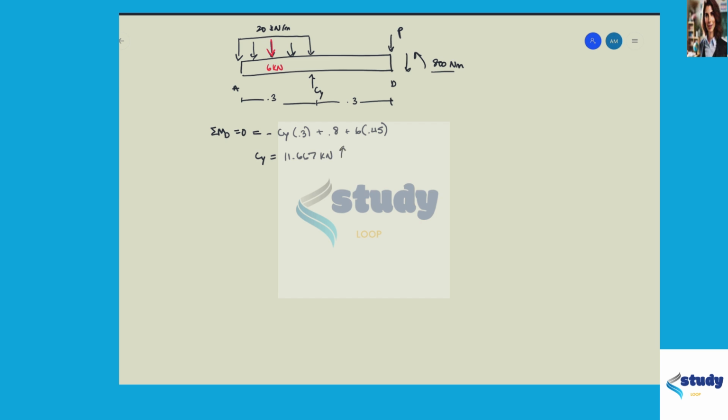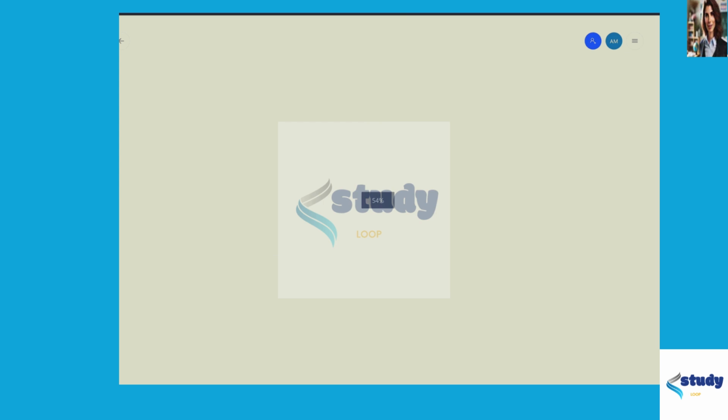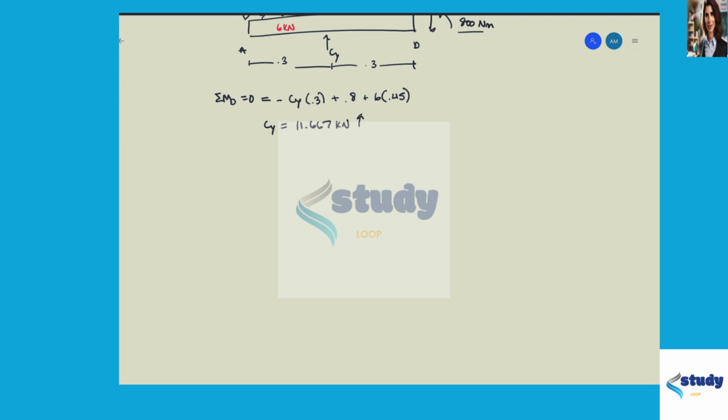And now I can do the free body diagram of EB. So we have E. We have a force at B. We of course have shear force, moment, which also is provided, newton meters.